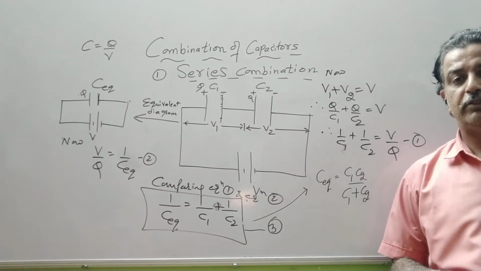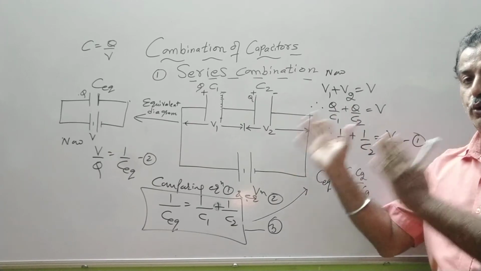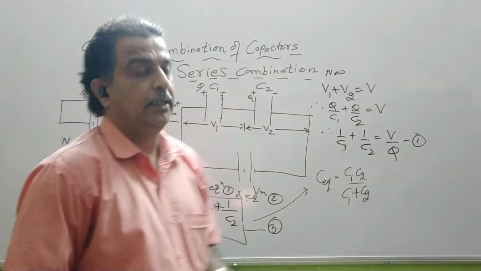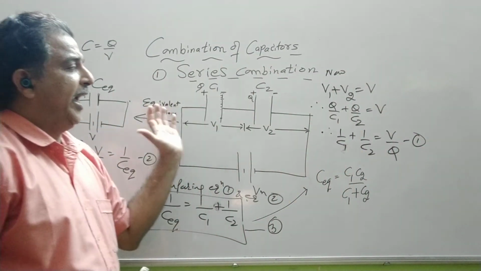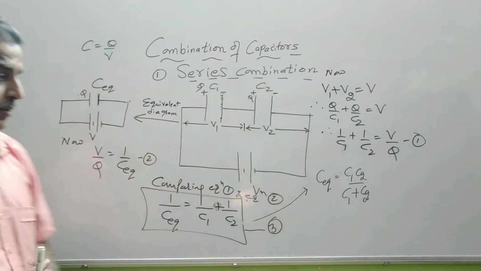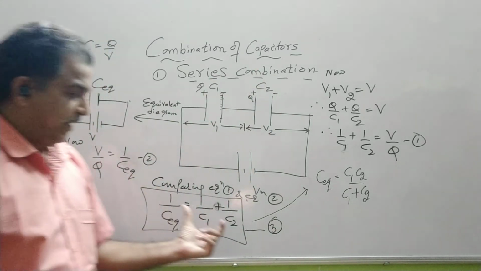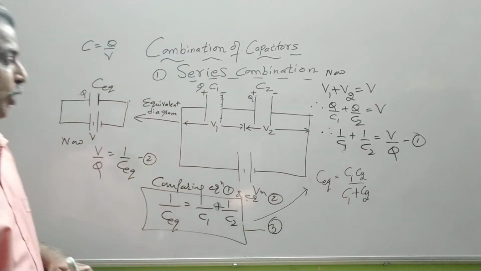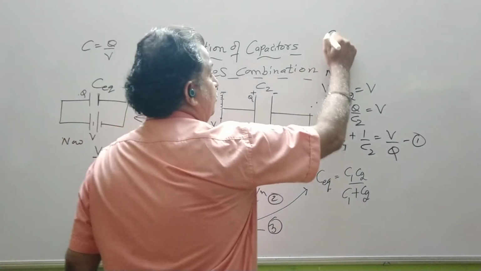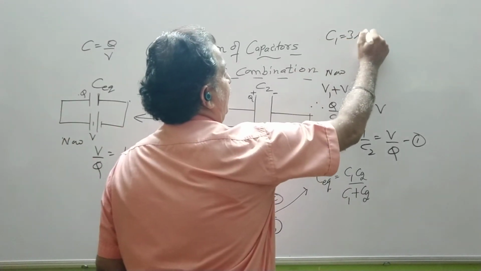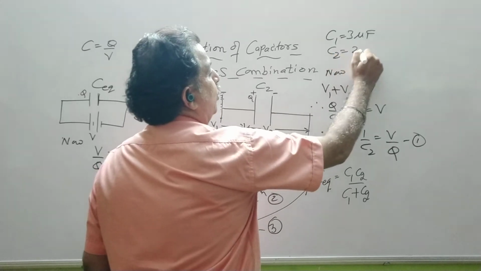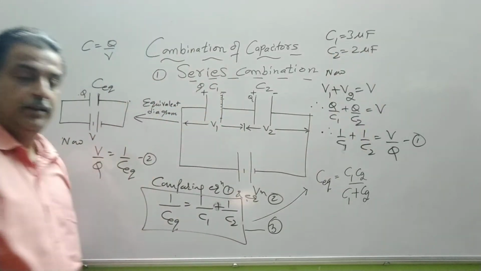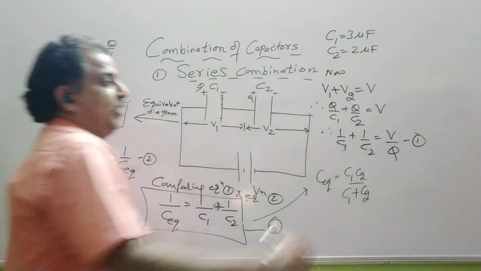Now we have derived the equation for two capacitors, but you can take n number of capacitors. For two capacitors you can directly apply this formula. So if C1 is equal to 3 microfarad and C2 is equal to 2 microfarad, find C equivalent.